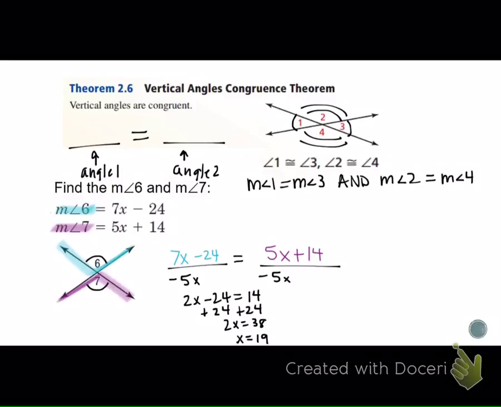So the measure of angle 6 equals 7x minus 24, so we just plug in 19 there.